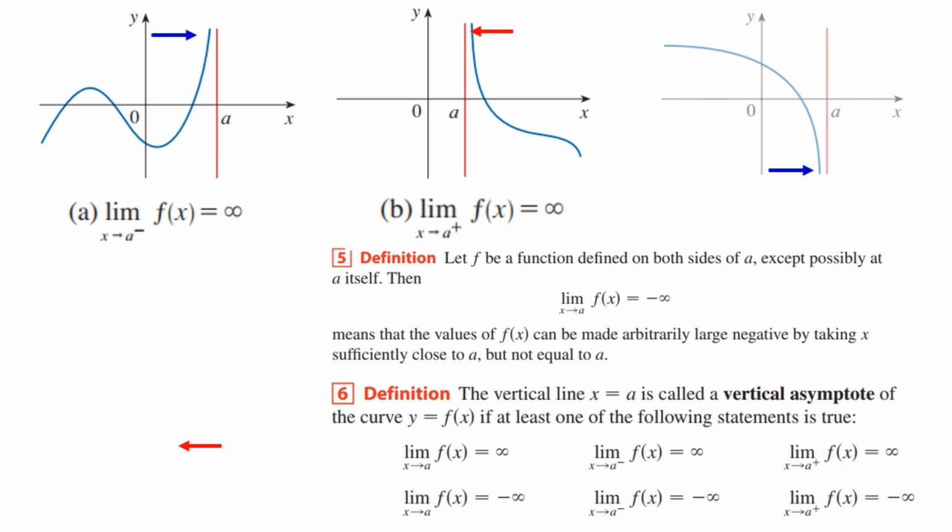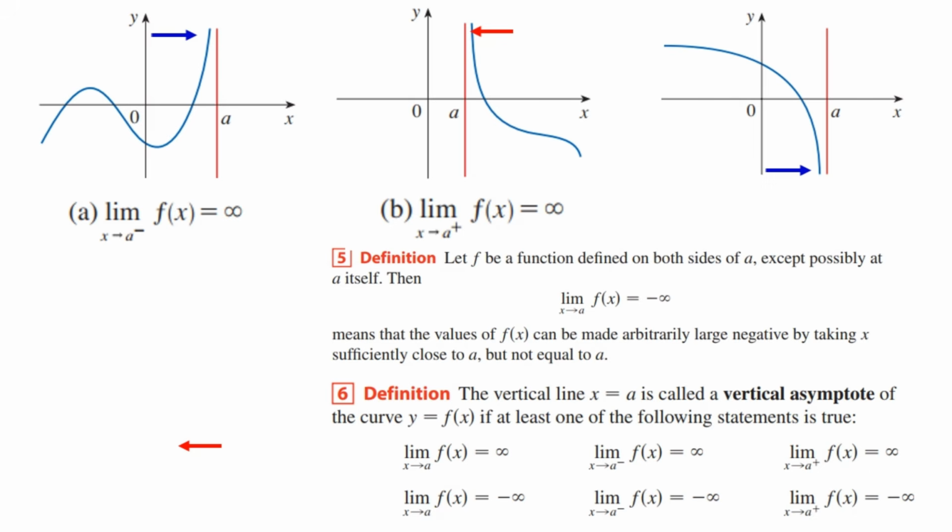Third question, or perhaps you can say the third illustration. Here, what is the limit of f of x as x is tending to a from the negative axis? If you look at this line very well, you will notice that as the blue arrow is coming from the negative axis, it will definitely touch the curve f of x at that part, which is tending to minus infinity.